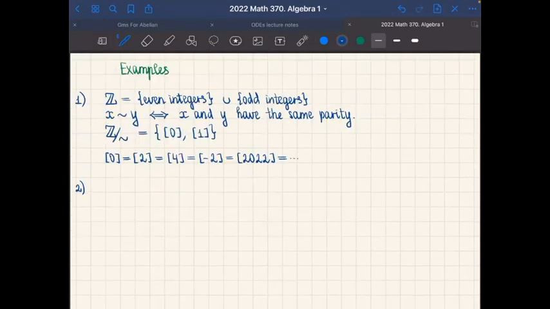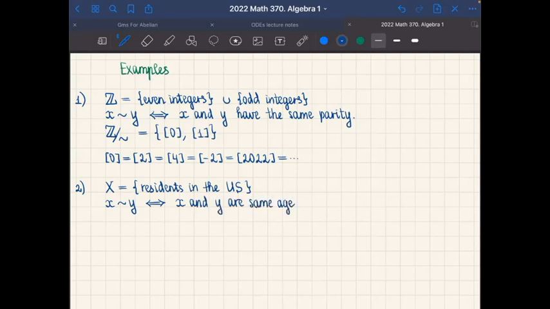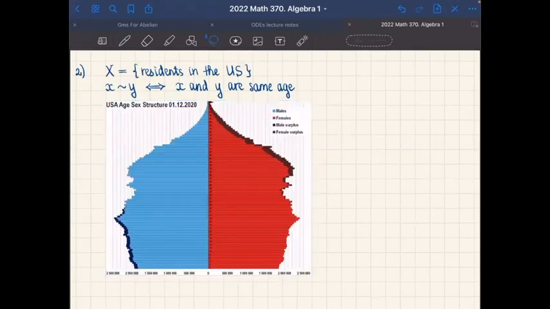In another example, we can take X to be the set of all residents in the United States. And we can use the equivalence relation given by age, as we talked about before. This is called the population pyramid in 2020.